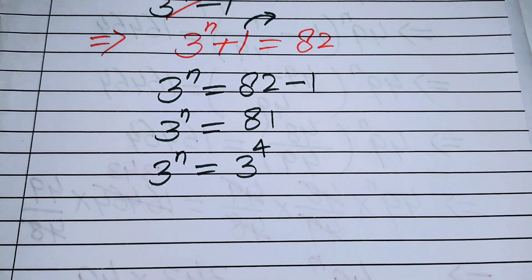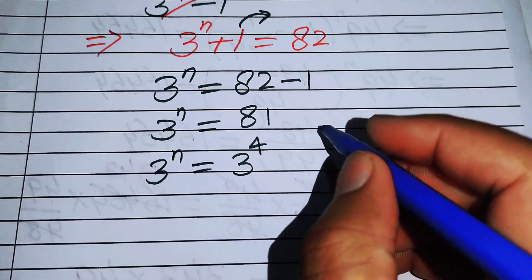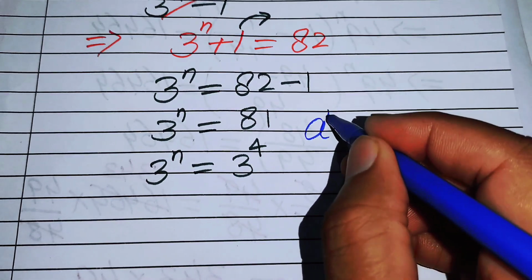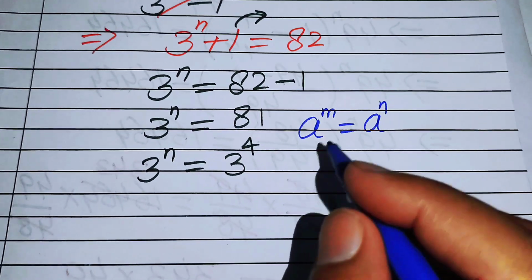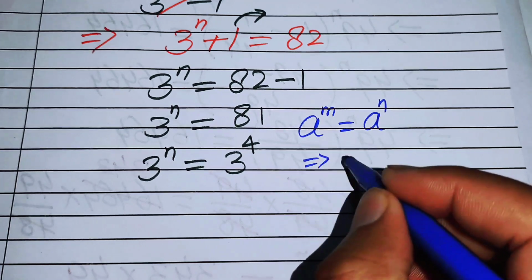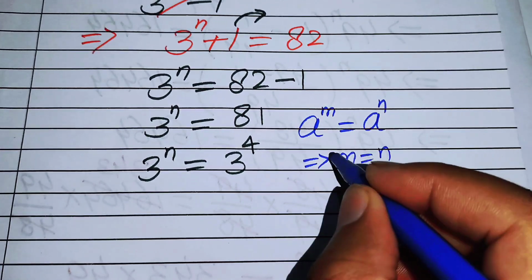So now you focus on both of the sides, and we will use this exponential law: if we have a to the power of m is equal to a to the power of n, this implies that m is equal to n.